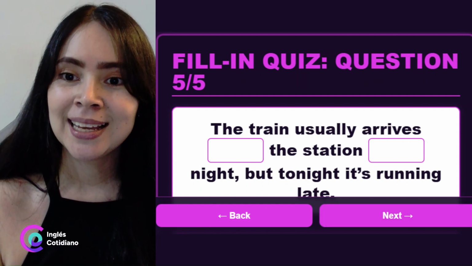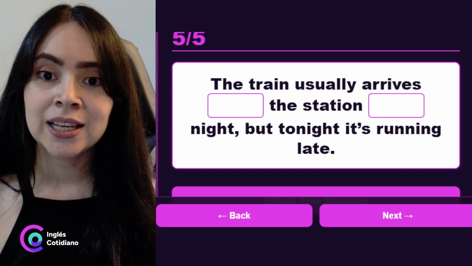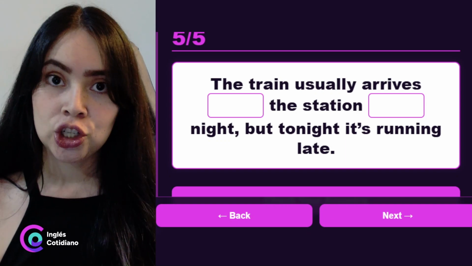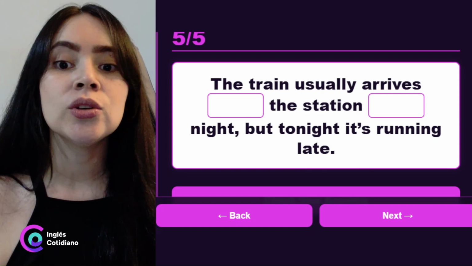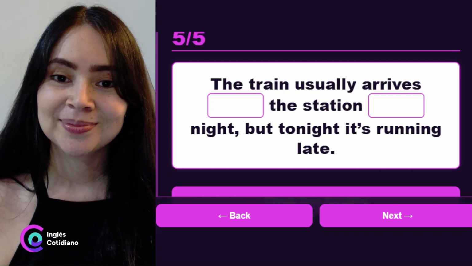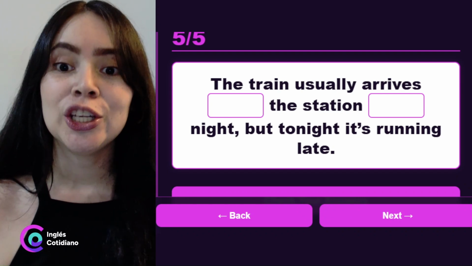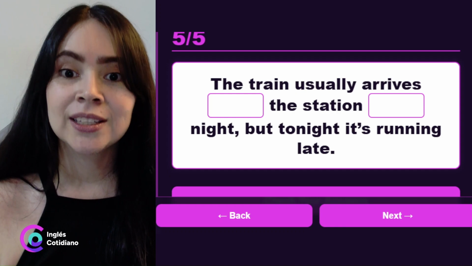And the last one is: the train usually arrives blank the station blank night, but tonight it's running late. The train usually arrives.